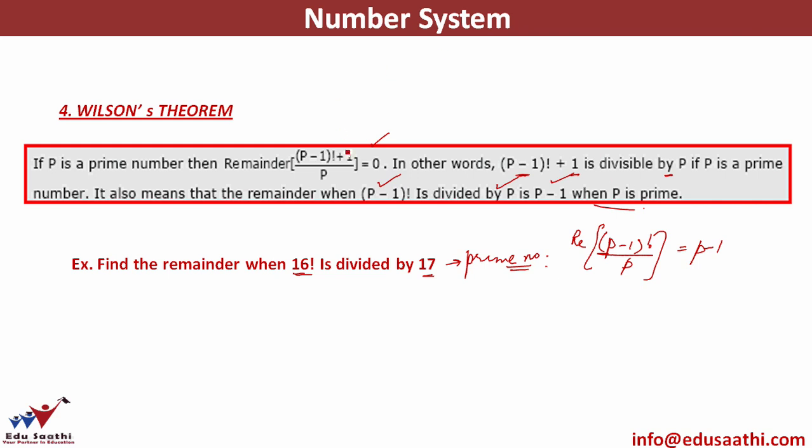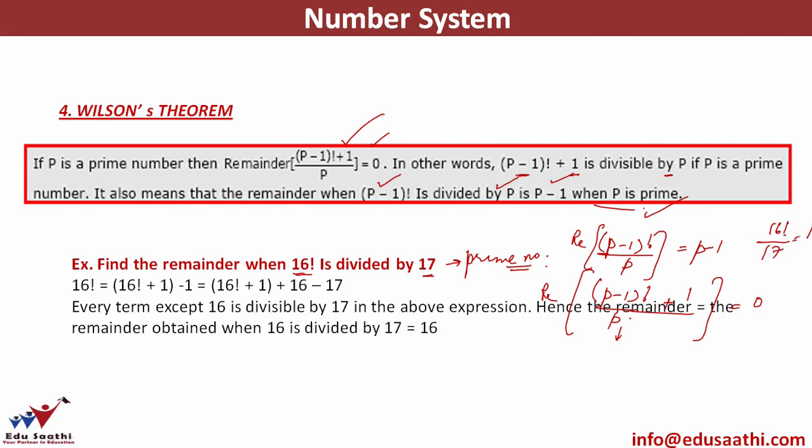If this is a little difficult to understand, just remember that p minus 1 factorial when divided by p gives a remainder of minus 1. If I add plus 1, minus 1 and plus 1 will get cancelled out to give me a total remainder of 0. So this is p minus 1 factorial, which is 16 factorial, divided by 17. The remainder would be p minus 1, which comes out to be 16.